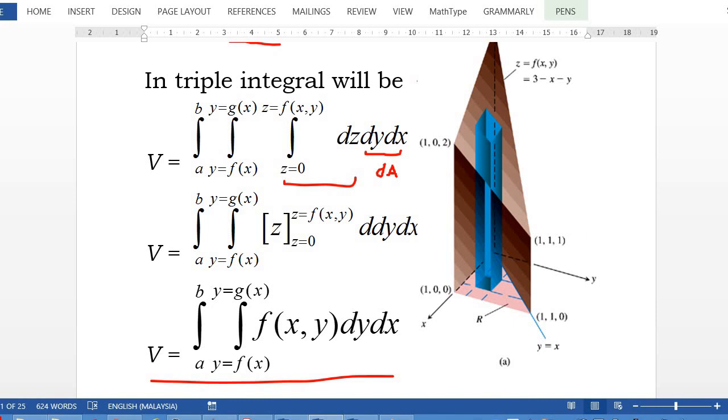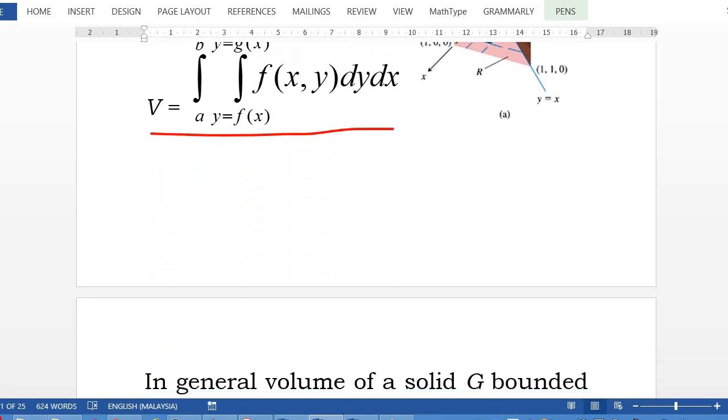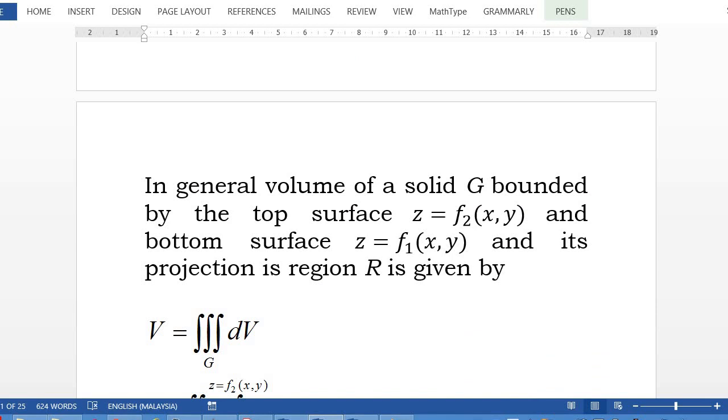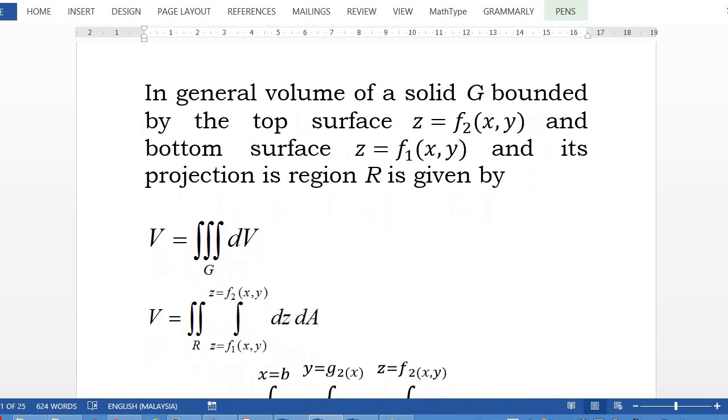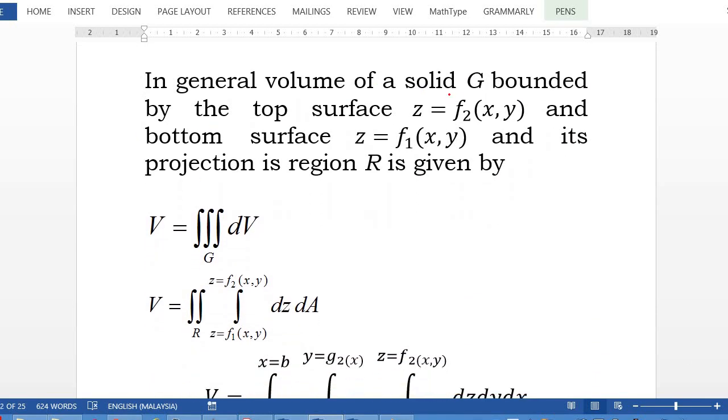Before we go further on how to evaluate the triple integral, let's define it here. In general, the volume of a solid G bounded by the top surface, let's say z equal to f2(x,y), and the bottom surface, let's say z equal to f1(x,y), and its projection is region R, is given by this.